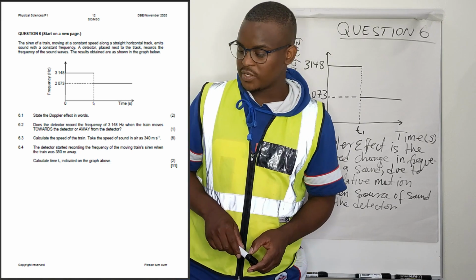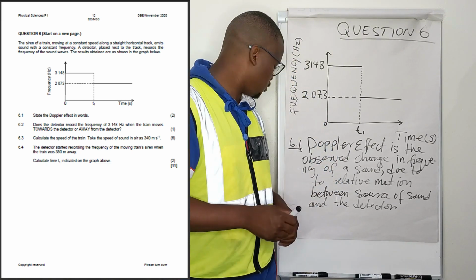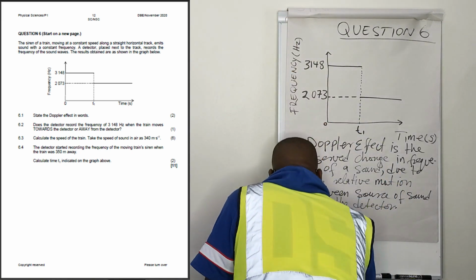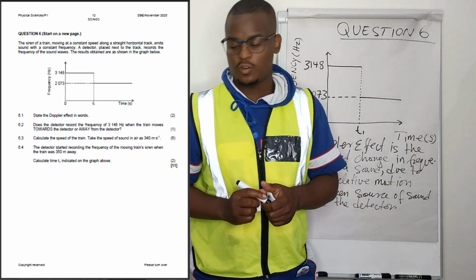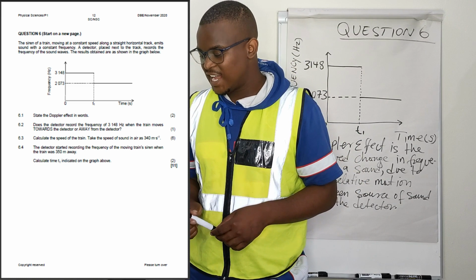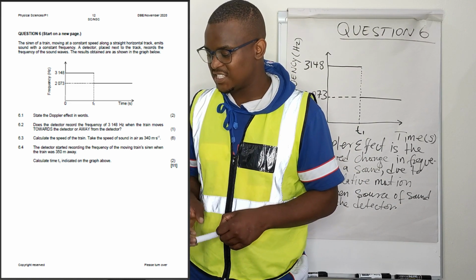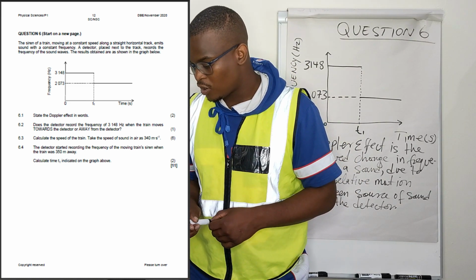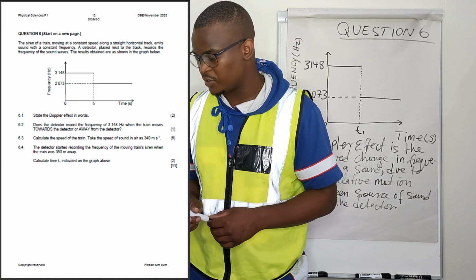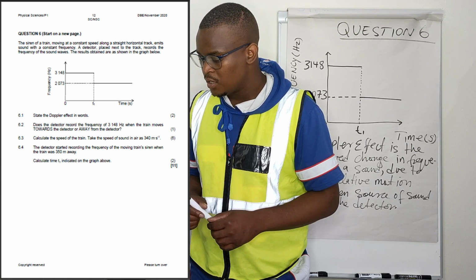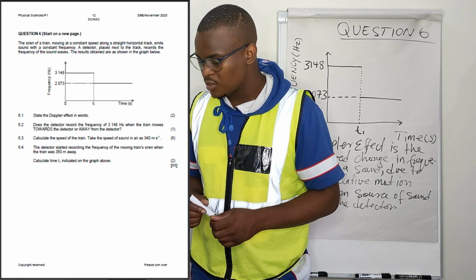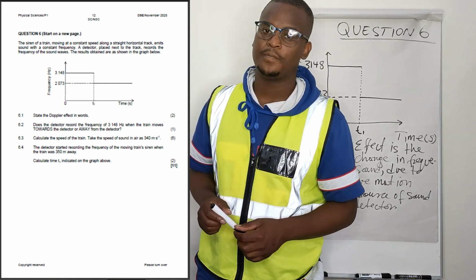So let's go to the second question, 6.2. It reads as follows: Does the detector record the frequency of 3148 Hertz when the train moves towards or away from the detector?